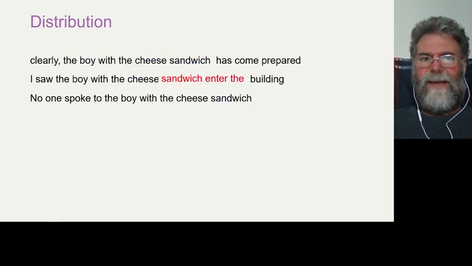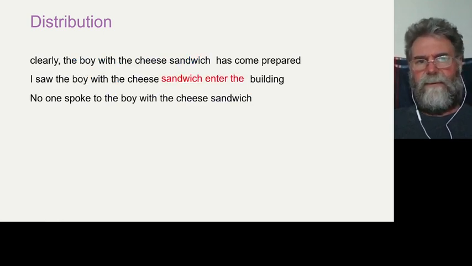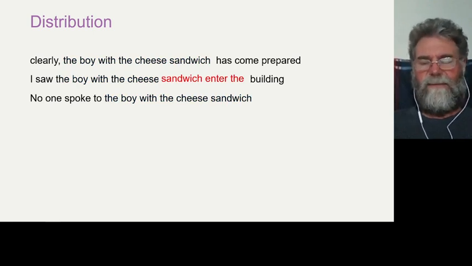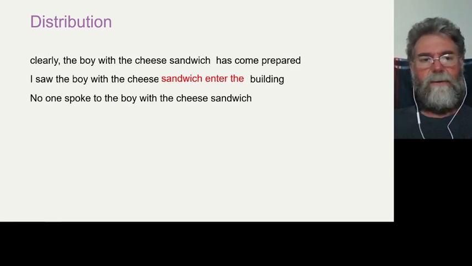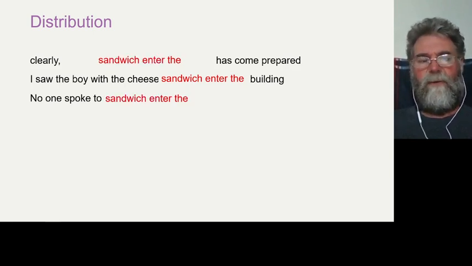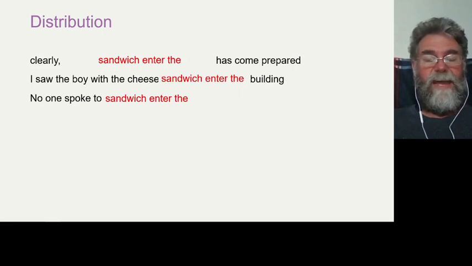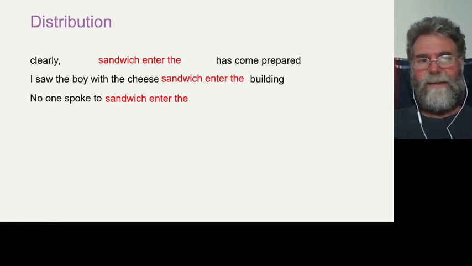Compare that to another group of words which we can find in one of those sentences, like "sandwich enter the." Now, I think it's fairly obvious that that isn't going to form a constituent, and lo and behold, you can't find that group of words in any other position anywhere else in any other sentence. So clearly "sandwich enter the has come prepared" is just ungrammatical.